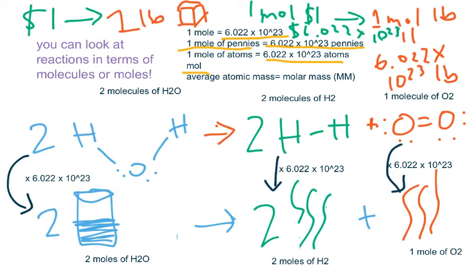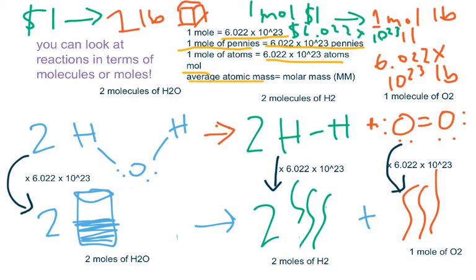So now let's talk about something even cooler. For every mole of an element or a substance, the number of grams inside 1 mole of the substance is equal to the average atomic mass.